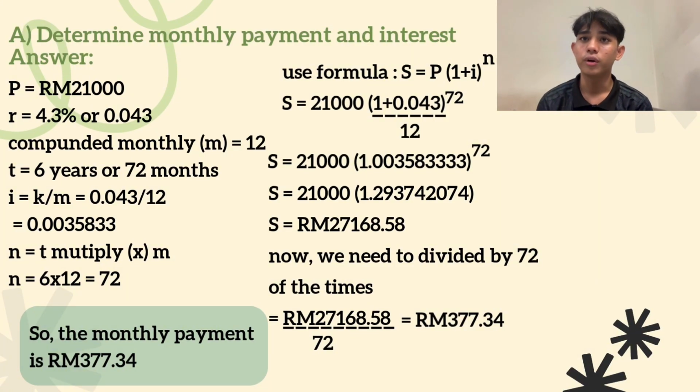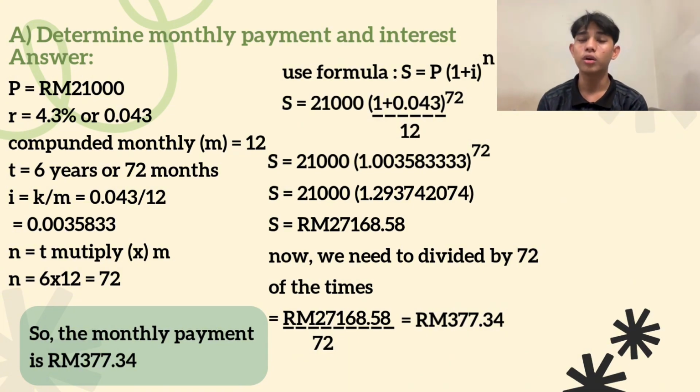Next we calculate the power. 1.003583333 to the power 72, and we will get 1.29374074. Now S equals 21,000 multiplied by 1.29374074.